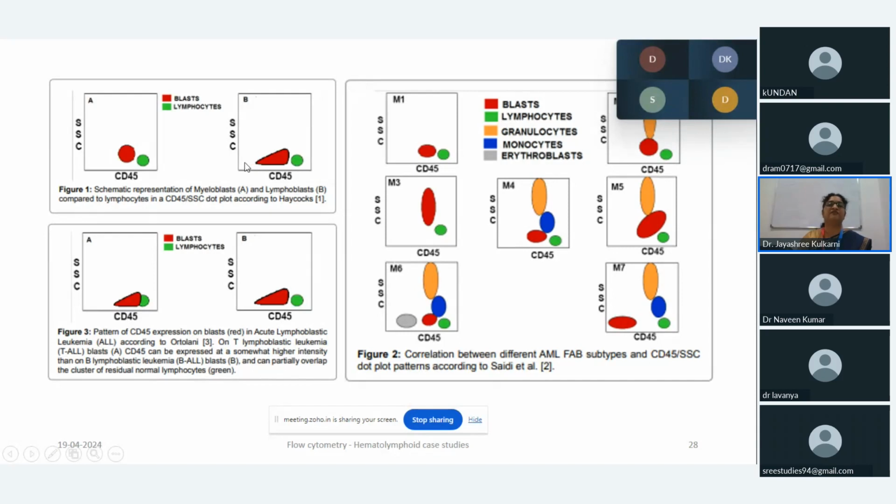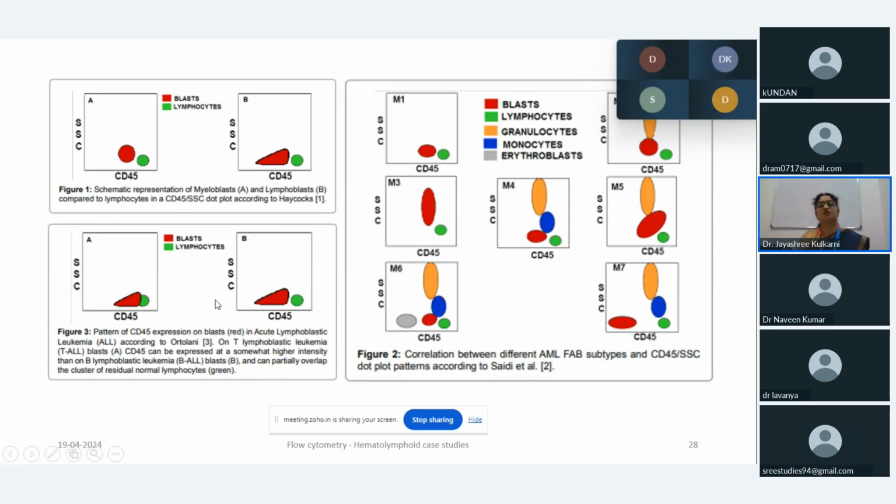So they extend away from the lymphocytes. That is a typical way you will get in lymphoids. In T-ALLs, again, so this is your B lymphoid cells, which are dim 45 to negative. T-ALL blasts, they are much brighter. So they almost converge with your bright CD45 cells.